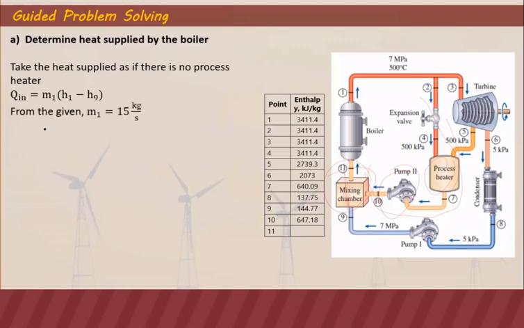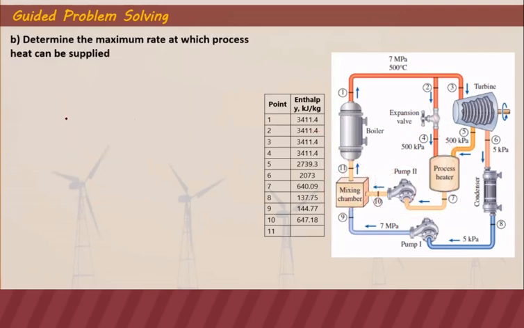So using Q in, the heat entering the boiler is just the difference of the enthalpy. So our Q in is actually 48,999.45 kilowatt. So this is the maximum heat that the boiler can supply. Again, that is assuming that there's no process heater.